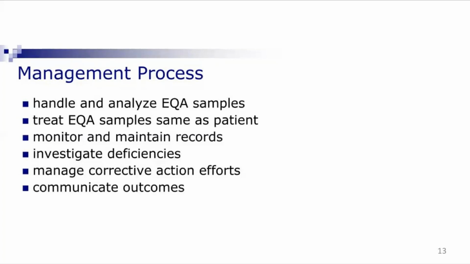So that means you treat EQAS samples the same as patient samples. You run those samples, whatever results you are getting, record those results. When you are getting results from the EQAS provider and you find any outlier, something not within acceptable limit, you do root cause analysis, take appropriate action and monitor your action. In the next cycle, also observe whether it is within acceptable limit or not.